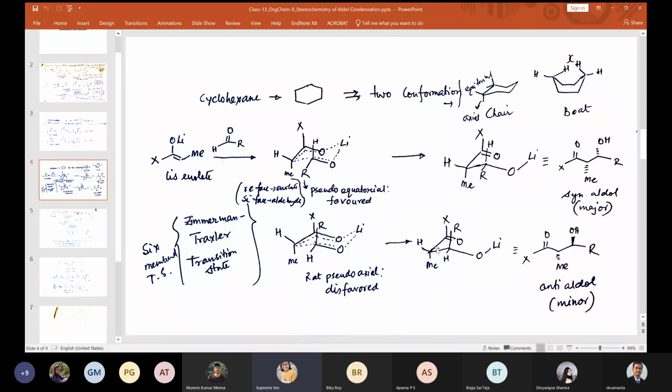So here we rotate R by 120 degrees, and when we rotate R, this OLi will come up. That's why the OH in the product is up and the Me is downwards. So the aldol which is formed is anti. Because of the X and R interactions taking place here, this product will be formed less. That's why it will be minor.